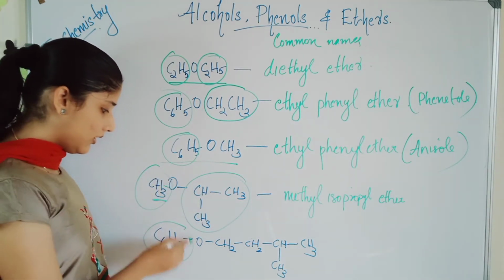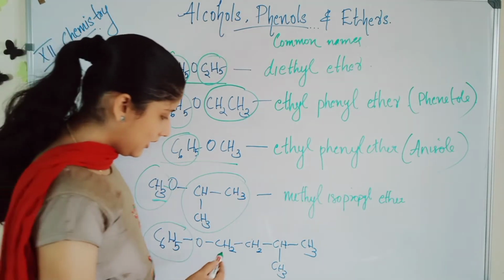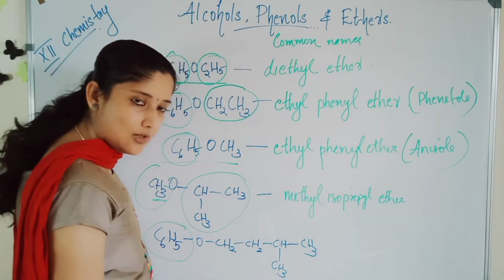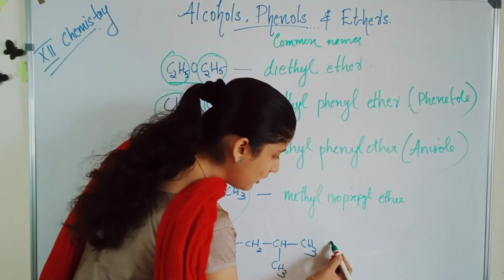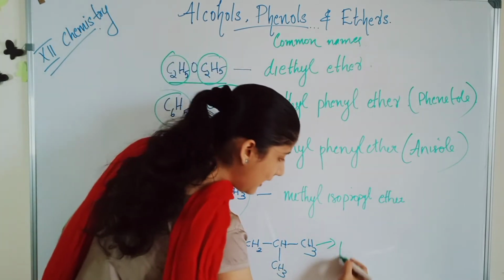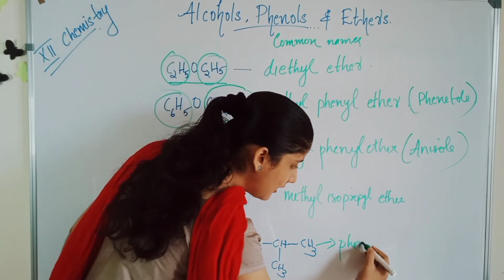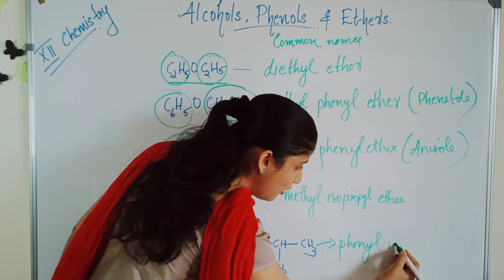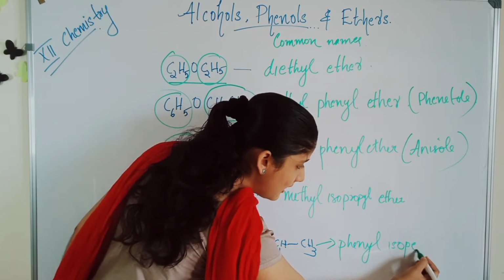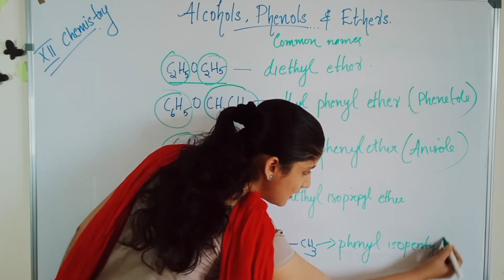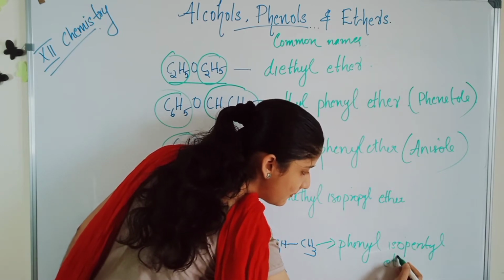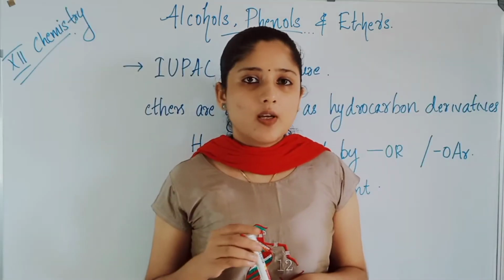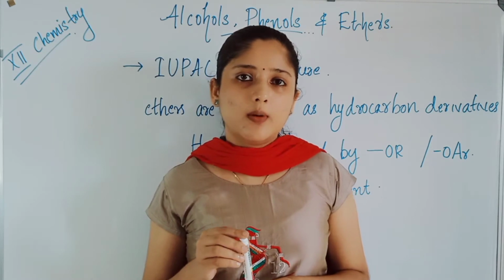Here there is a phenyl group and also a pentyl group. This is isopentyl group. So what we will call? Phenyl isopentyl ether. We have discussed how to write the common names.